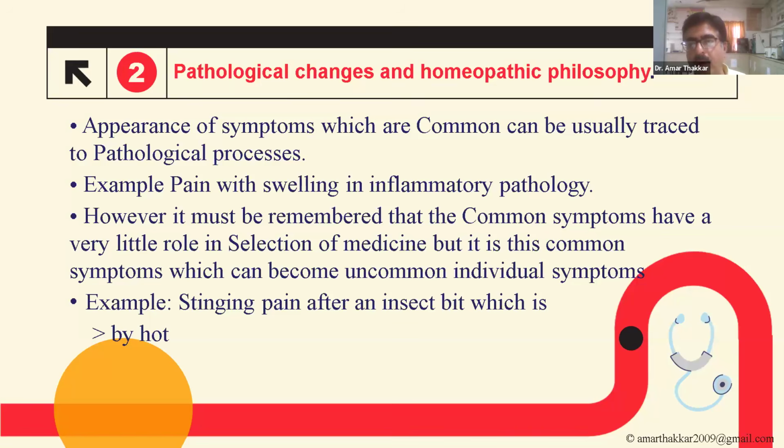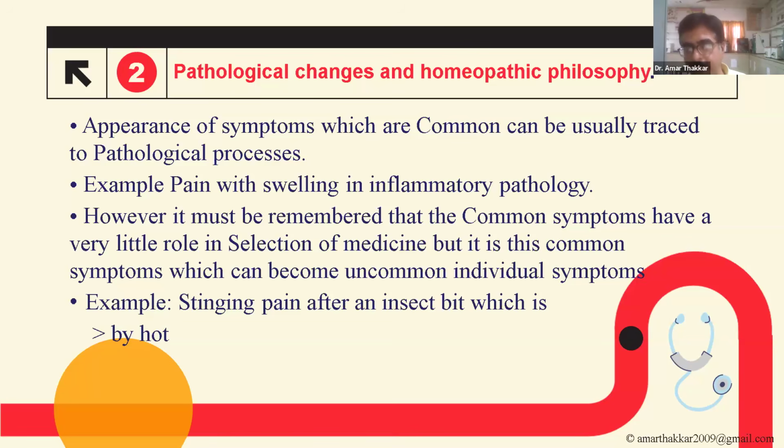However, we know we cannot prescribe on the basis of common symptoms. But common symptoms can be made uncommon, individual symptoms, by finding something which is individual. So in this case, let us say conjunctivitis, there is a stinging sensation and there is a peculiar modality, amelioration by heat.